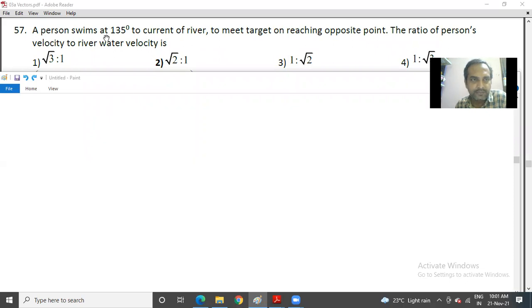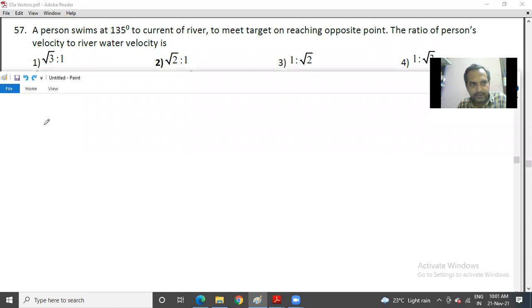A person swims at 135 to current of river to meet target on reaching opposite point. What you need to find out is the ratio of person's velocity to river velocity is. So just now we discussed that to reach the exactly opposite point, x will be 0.